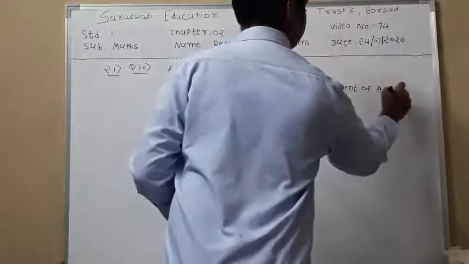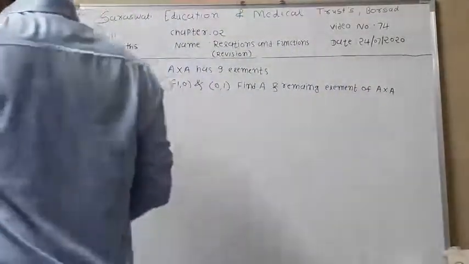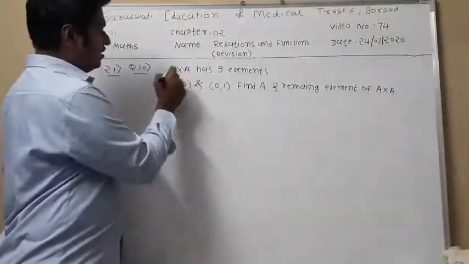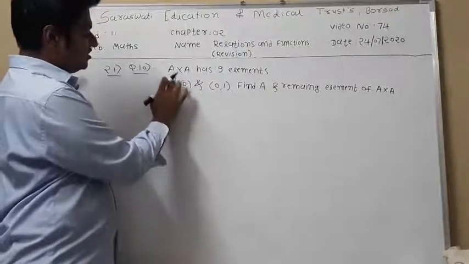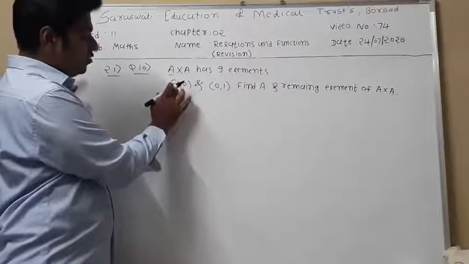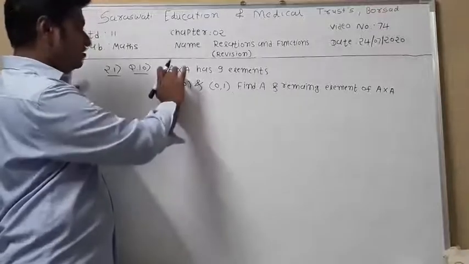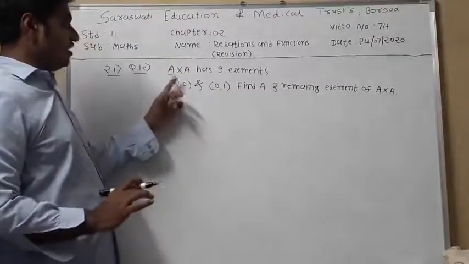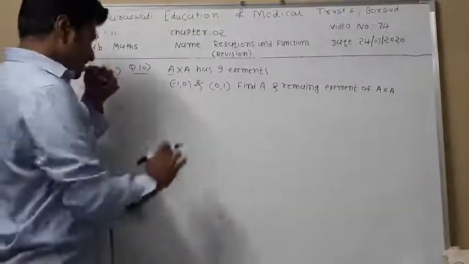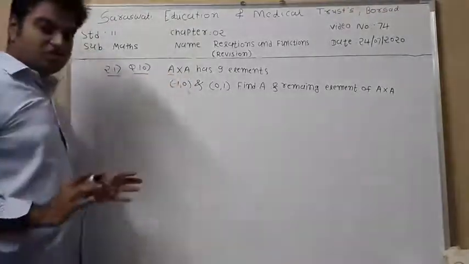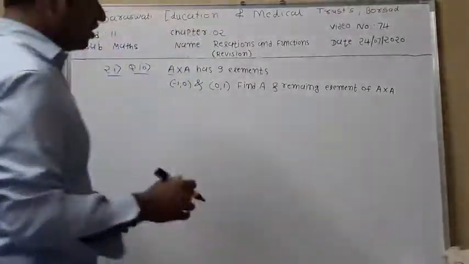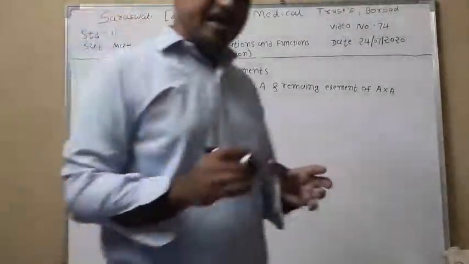So first of all, in the x position we consider all the values of x; the first position takes a value from set A, and the second position also takes a value from set A. That means x belongs to set A and y also belongs to set A, because our ordered pair is in the form (x, y).